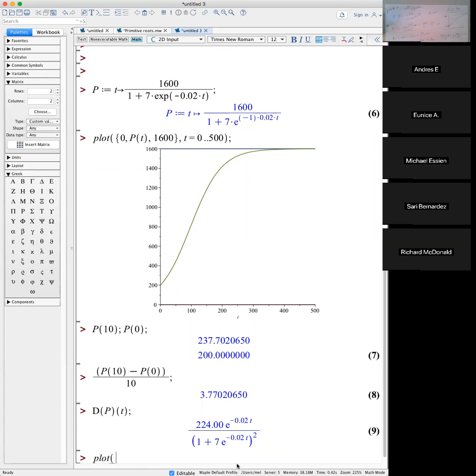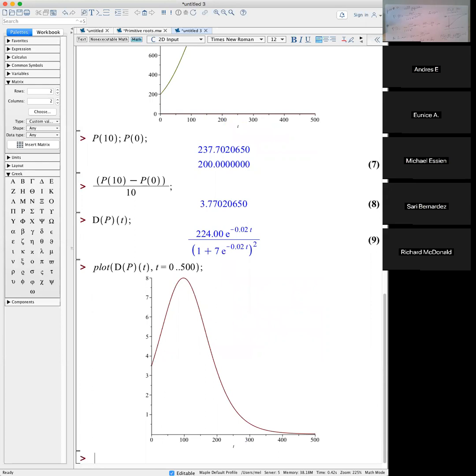Suppose I plot d of p of t. So that's what this is, the rate of increase in the population.